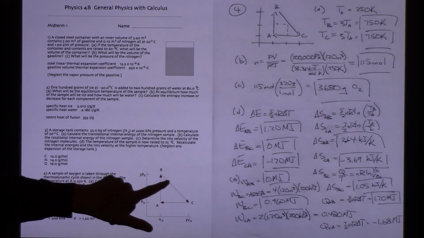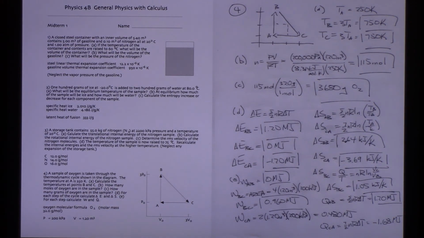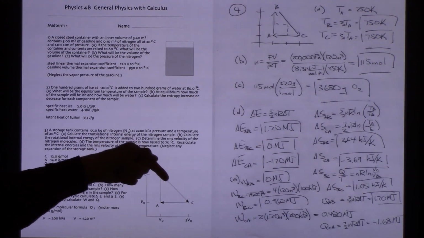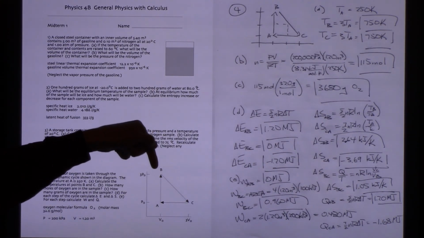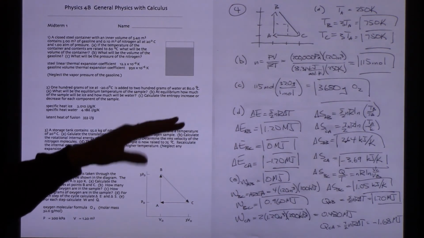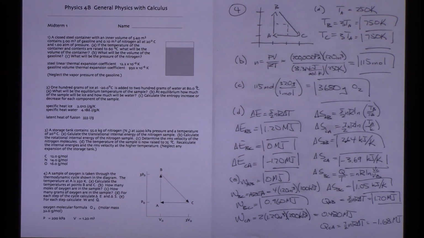Now, for the work from B to C, I can't use the isotherm formula. The work here is more than the isotherm formula would tell us, because we have a straight path here, whereas the isotherm would dip, and that straight path is going to have more area under the curve.